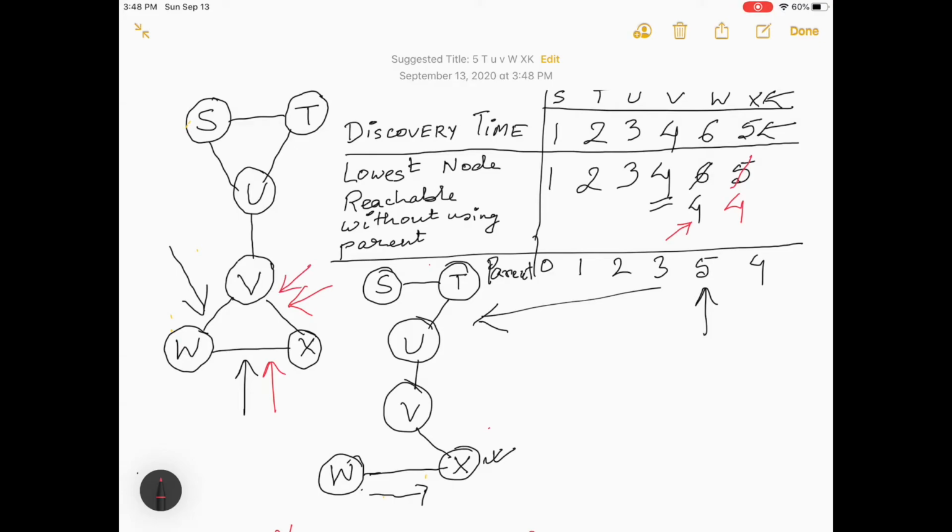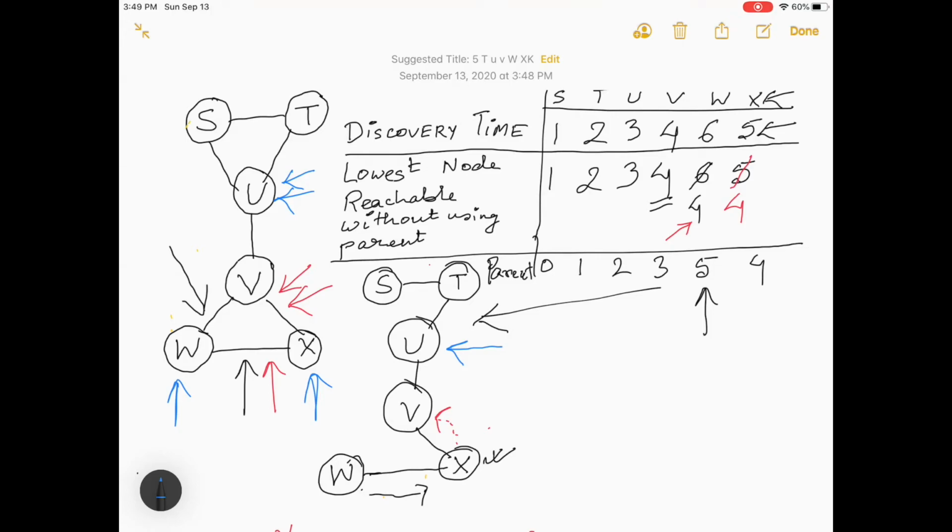And then the other edge we discount, because that edge happens to be the back edge going to its parent. So now we backtrack to V. V has three adjacent vertices, out of which U happens to be its parent.